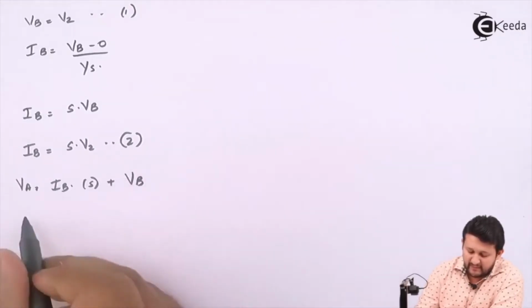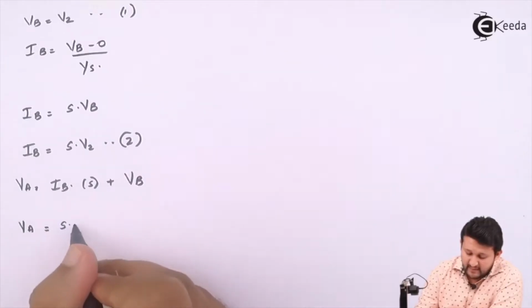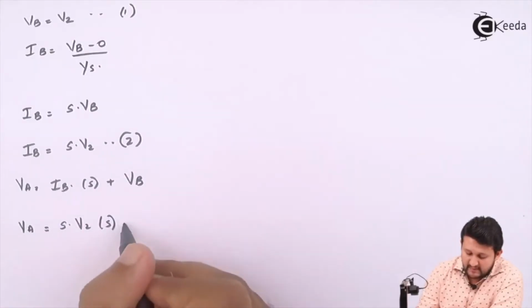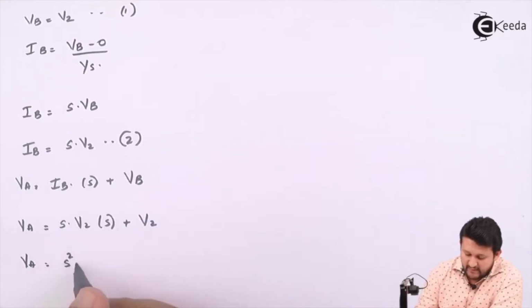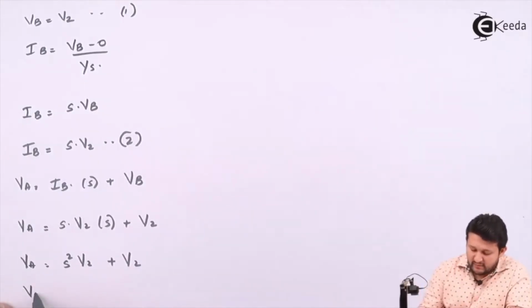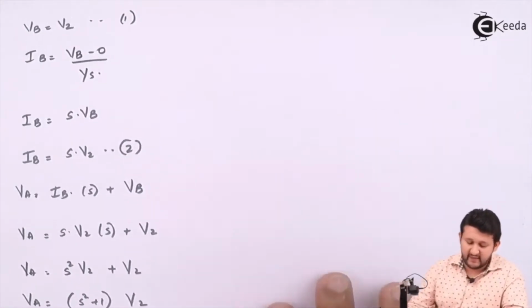What's the value of VB? So your VA will be equal to IB, which is S into V2, into S, plus VB, which is V2. So VA is equal to S square V2 plus V2. So VA can be written as S square plus 1 into V2. So let's simplify the further step.